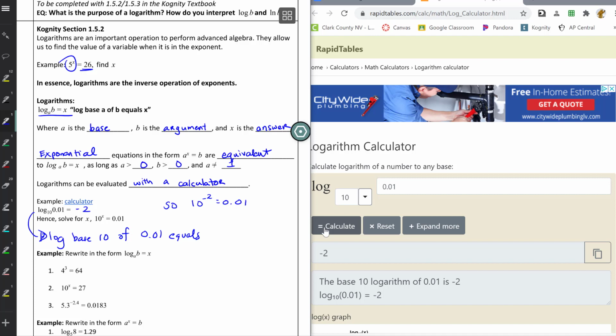Hence, solve for x in 10 to the x equals 0.01. So now what we can end up doing with this question is saying, all right, 10 to the what power equals 0.01? Now it's just a matching game. x is -2. So x equals -2. And now you've done some pretty advanced algebra.